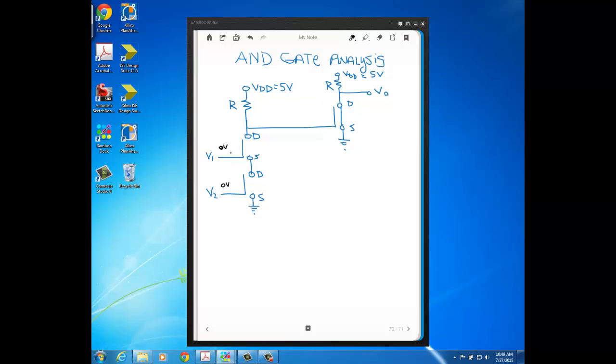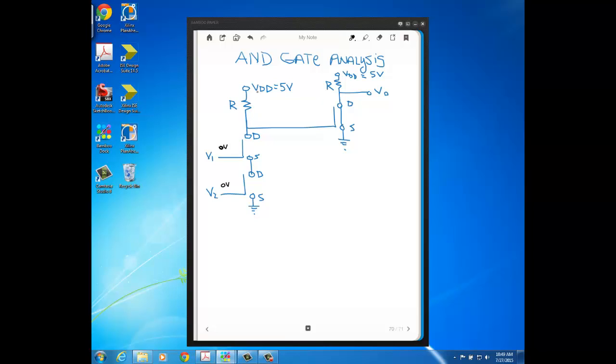If you have 0 volts on the gate of a MOSFET, like we talked about previously, that means you're not going to have a channel. These are enhancement mode MOSFETs, like we've seen before. So both of these MOSFETs at the inputs are going to be acting like an open between drain and source.